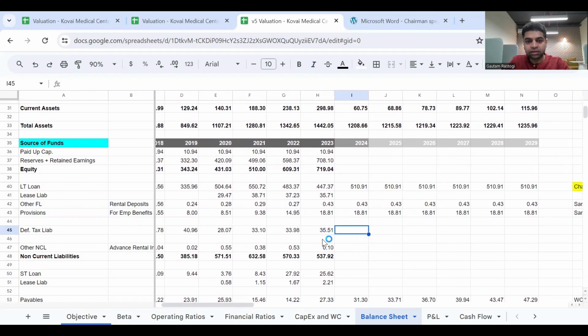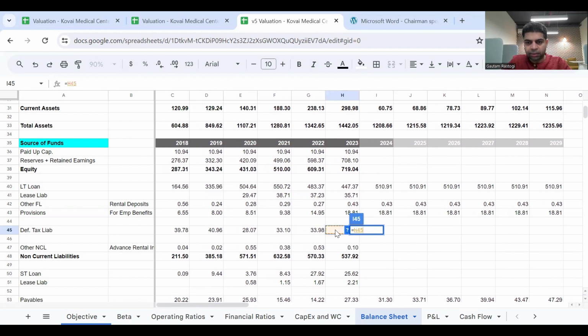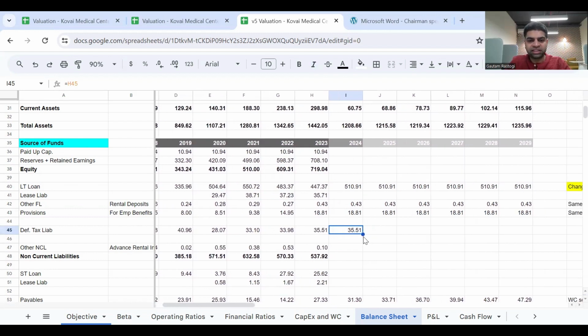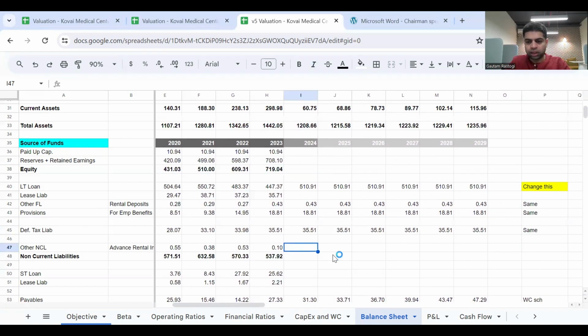Deferred tax liability. So let me also make the same assumption here as well. I'm just going to assume that it remains the same. And same with other net current liabilities, which is pretty insignificant anyways.